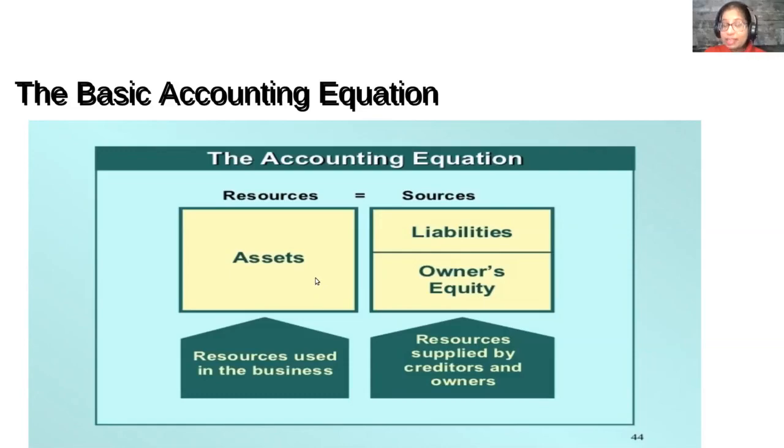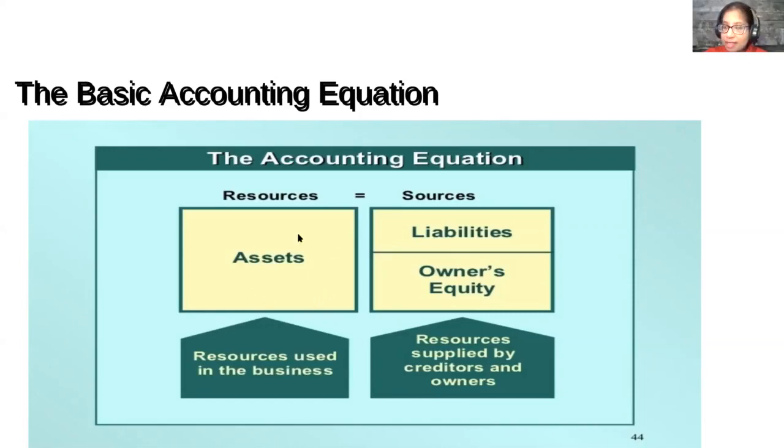But this is the basic accounting equation for accounting, and you will see this throughout the course. Okay, so again, assets is equal to liabilities plus owner's equity. So any business would have assets, liabilities, and owner's equity.